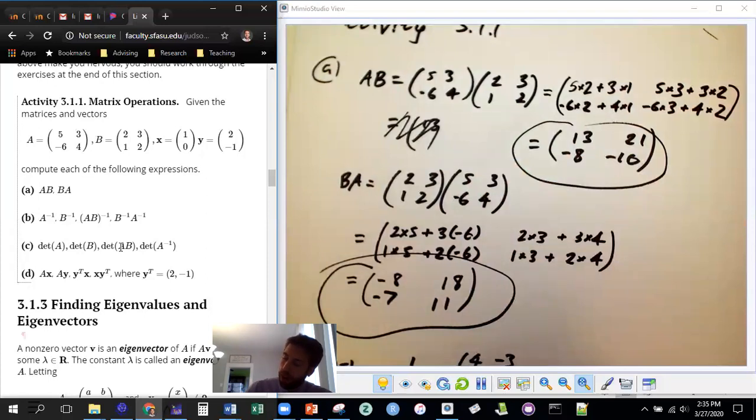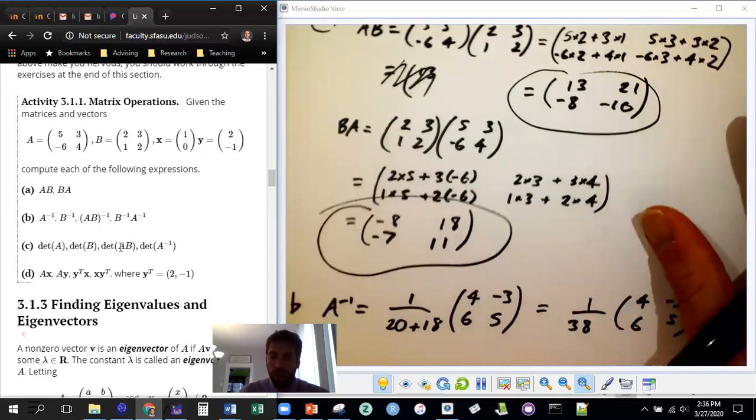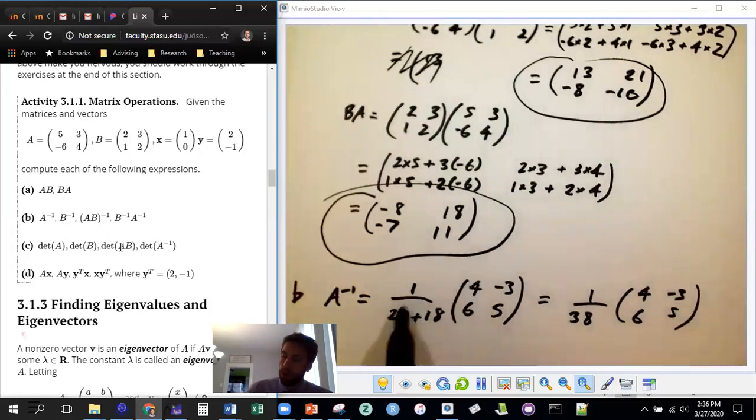Then negative is a positive. So simplify that fraction: 1 over 38 times [4, -3; 6, 5]. 1 over the first diagonal minus the second diagonal, but the second diagonal is negative, so negative is positive. You could move this into everything, but why would you? Let's just keep that fraction out here so we don't have to write a fraction once.